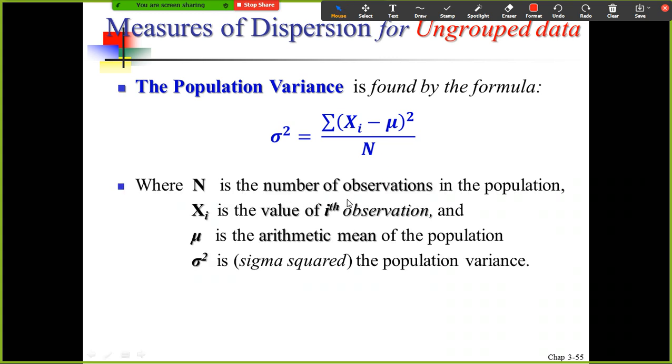N is the total number of observations, total items in our population data set. x is the value of each data item in our data set. Mu is the arithmetic mean of our population data set. Sigma square represents population variance.